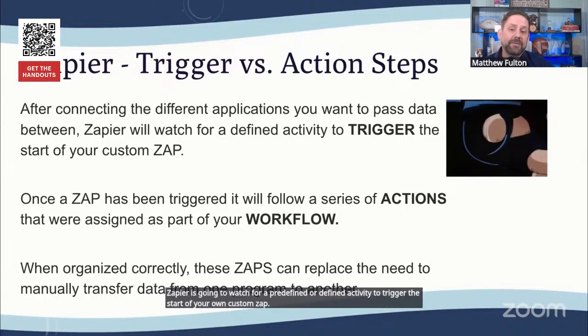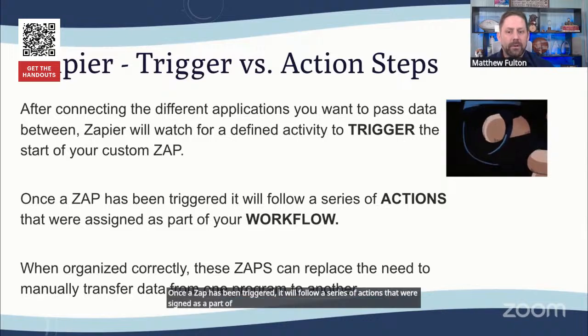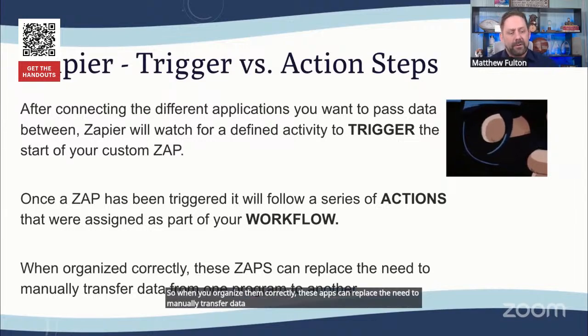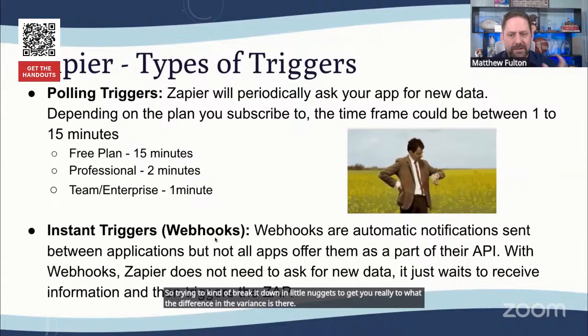Once a Zap has been triggered, it will follow a series of actions that were assigned as part of your workflow. So when you organize them correctly, these Zaps can replace the need to manually transfer data from one program to another. So I'm trying to break it down into little nuggets to show you the difference. A trigger leads to the action.